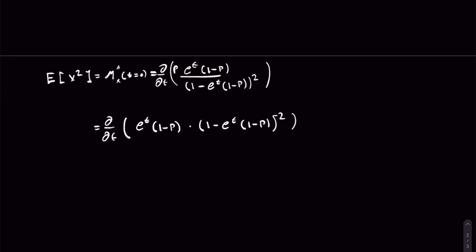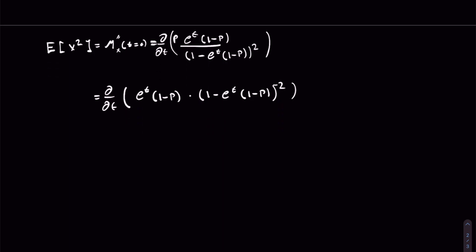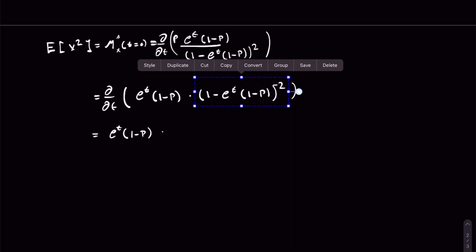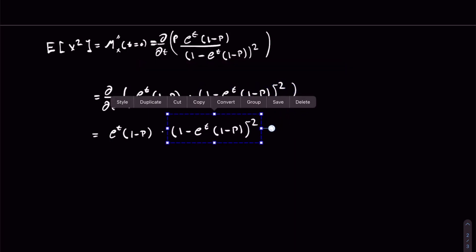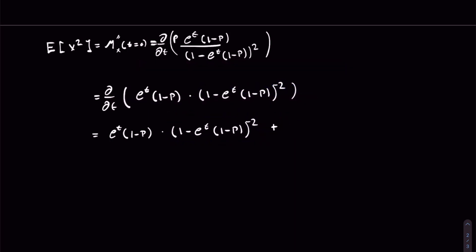We're going to start by taking the derivative with respect to this, and then this just goes along, and then we take the derivative with respect to this, and that just goes along. Okay? So the derivative of this first one is fairly easy, it's just itself, and this 1 minus p is just a constant now, so it goes along, and this whole expression here stays as it is, and then we plus here.